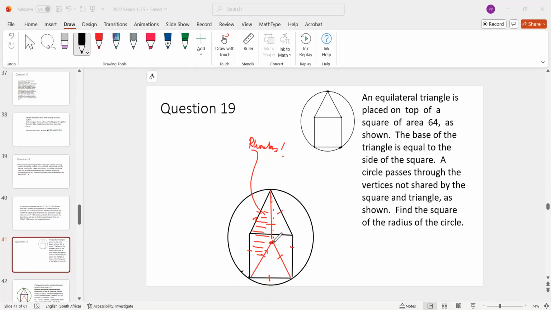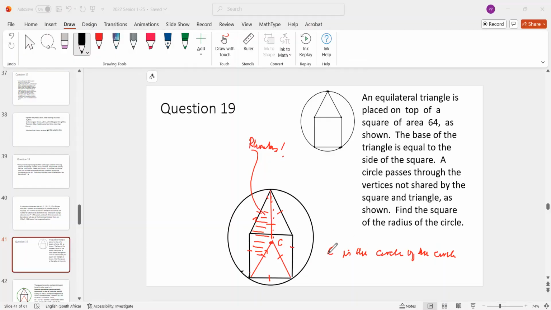See? And now you can see clearly this point, its distance from here, its distance from here, its distance from here is the same. So this point is the center of the circle. Call the point C. C is the center. And because you got from here, you got that point, and that point.